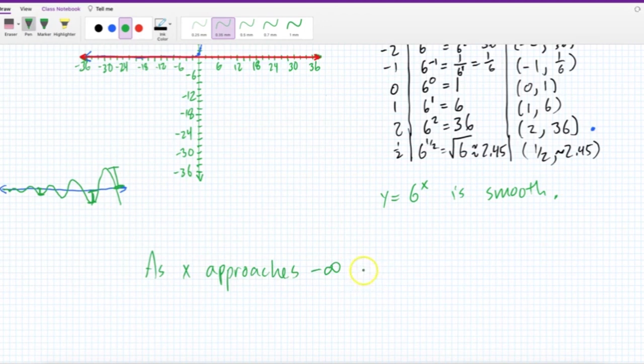Infinitely small. So as x approaches negative infinity, 6 to the x approaches 0. And so what that means is, since 6 to the x power is our y value, that means y equals 0, right? That's where we're approaching, is an asymptote.